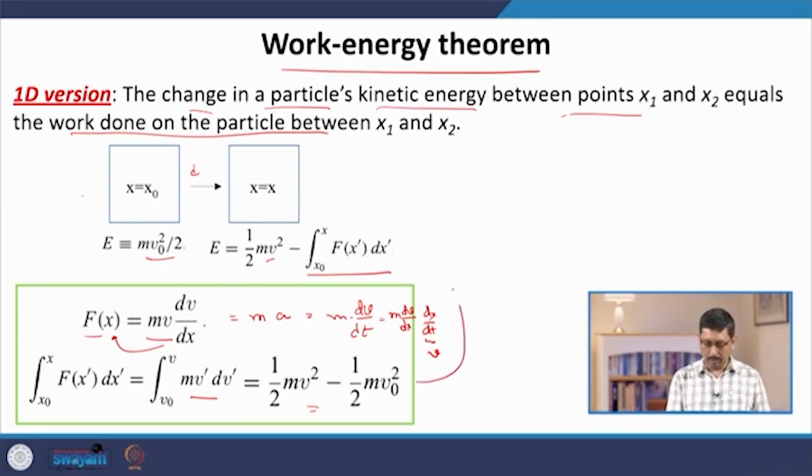Now, if we rearrange the terms, we get this particular equation, which means that between 2 points there is some quantity we can calculate.